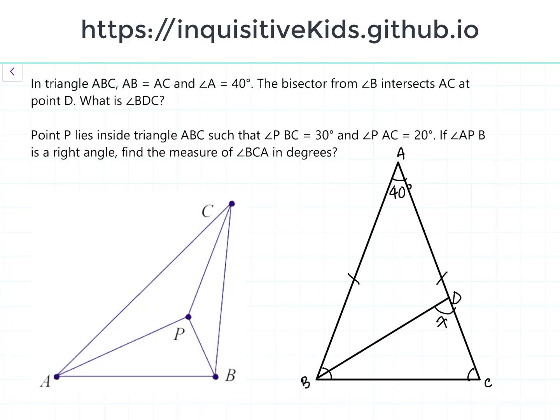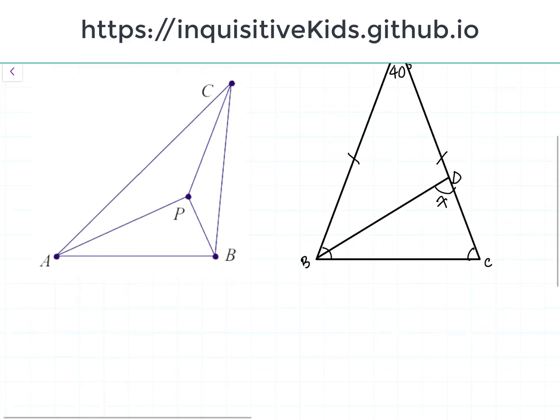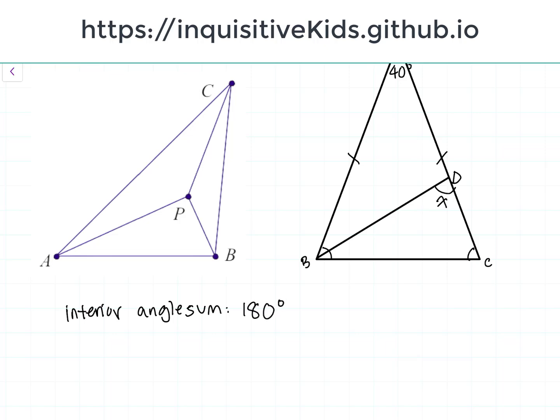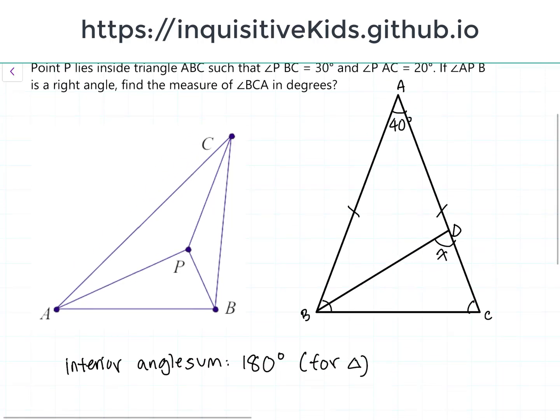Well, when approaching angle problems in geometric problems such as this one, the first thing we can do is try to see if we can solve it using interior angle sums, because oftentimes that is the best place to start. So we know that the interior angle sum of triangles is 180 degrees. So we know that angle A, angle B, and angle C have to add up to 180 degrees.